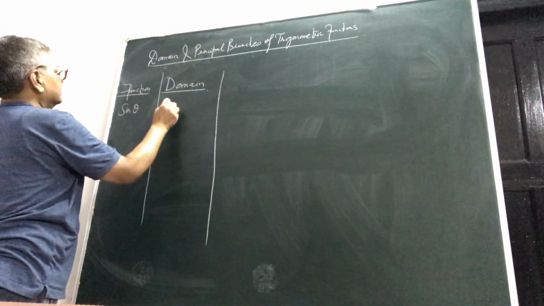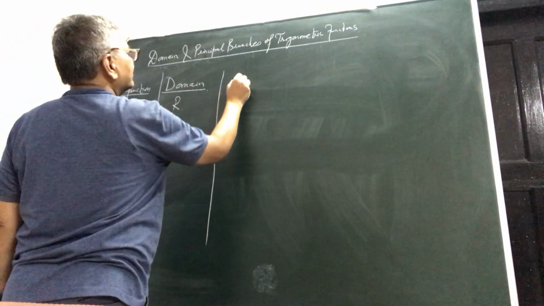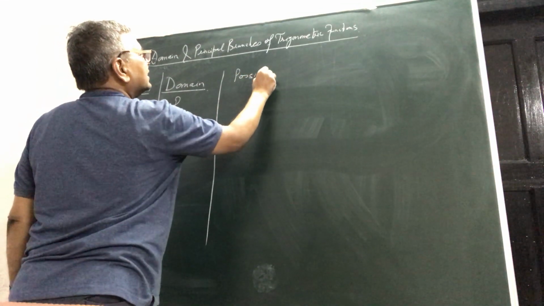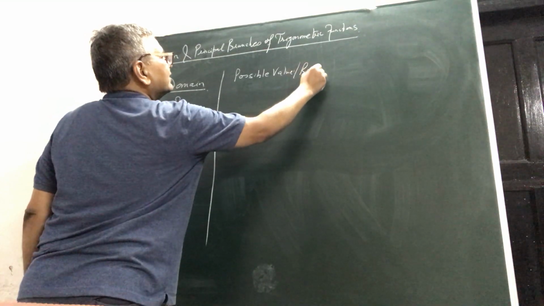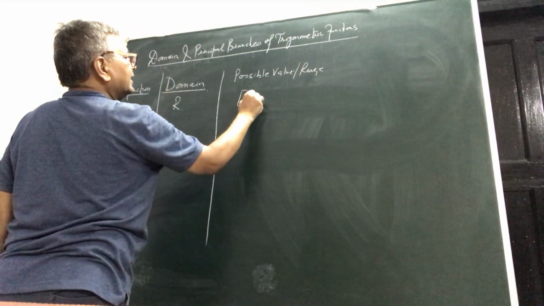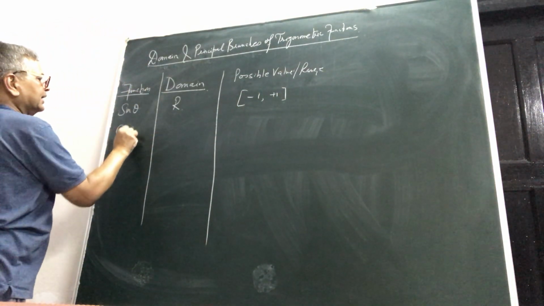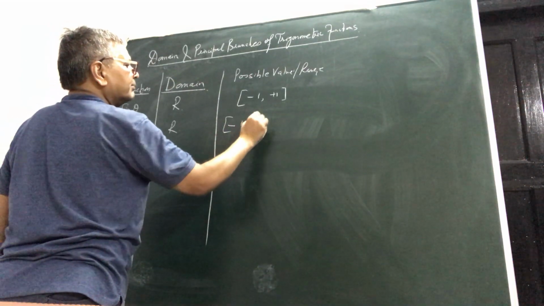The entire real line. And for the possible values, the range, it is minus 1 to plus 1. And then cos theta, again the same thing: range minus 1 to plus 1.